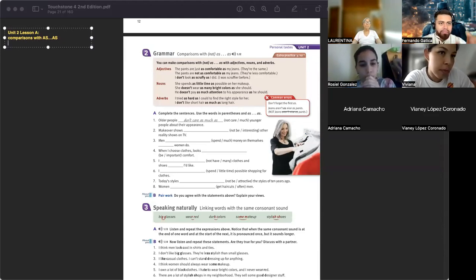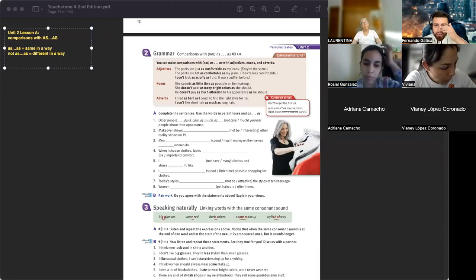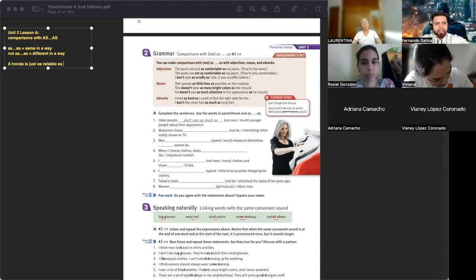As and as is easy. When it's affirmative, it's the same thing, same in a way. And when it's negative, not as and as, it's different in a way. Okay. Well, let me give you an example. A Honda is just as reliable as a Toyota.